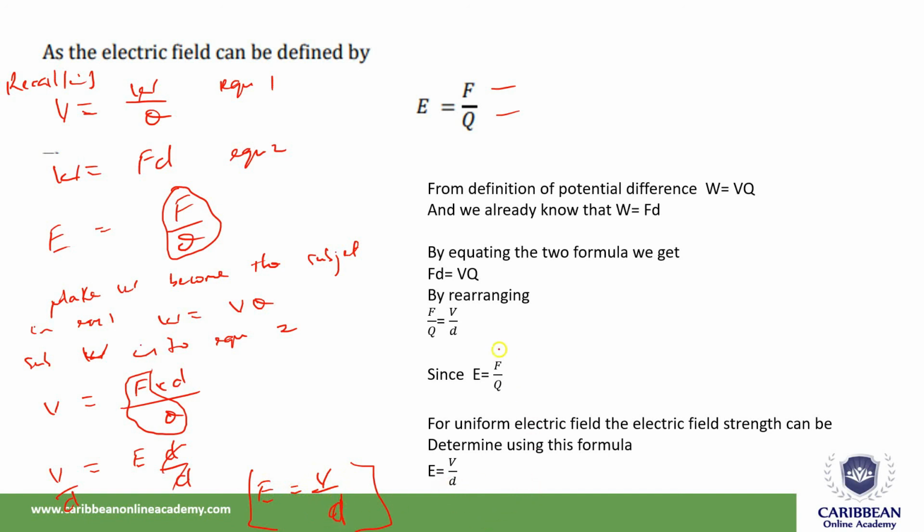So the D right here in the equation is just the distance of separation of the plates. So that's that.